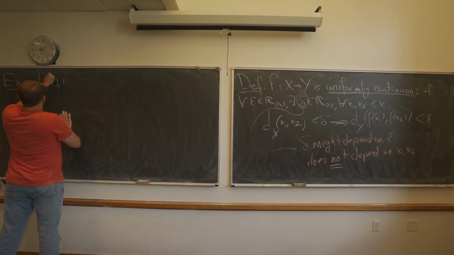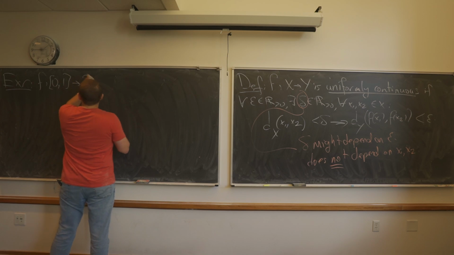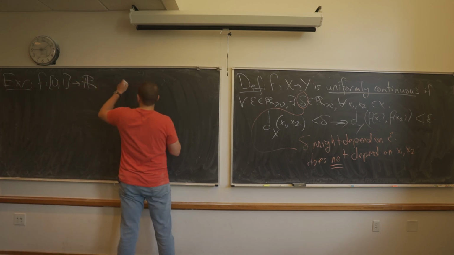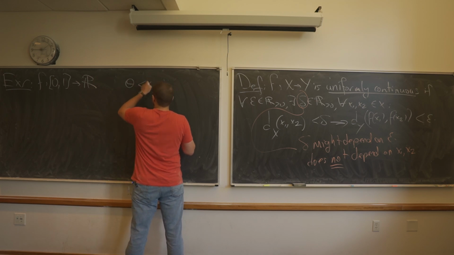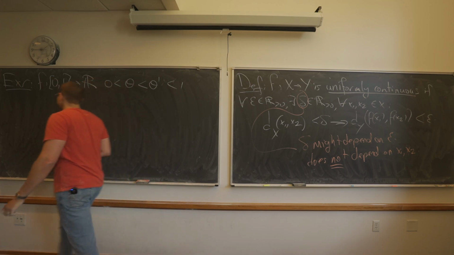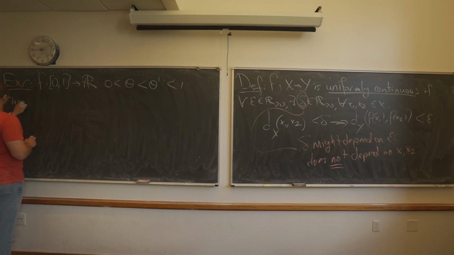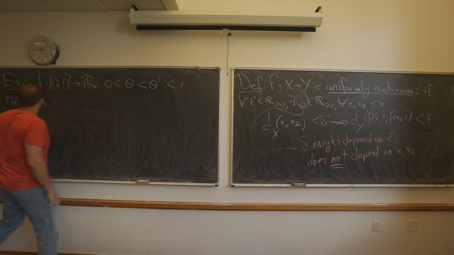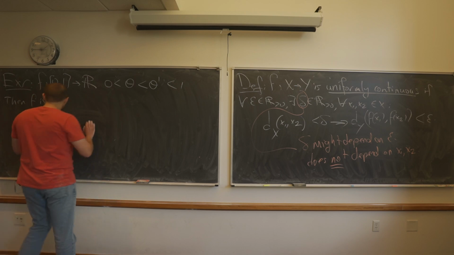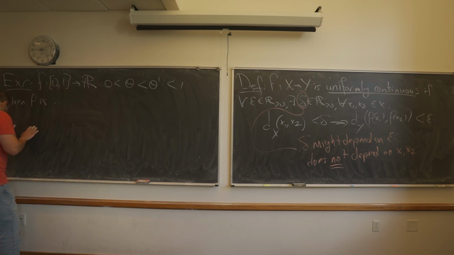I'm just considering a function from [0,1] to R. And let's say that I have two exponents, theta and theta prime, between 0 and 1. Then f is, what do I want to say? Okay, I guess we can include this.